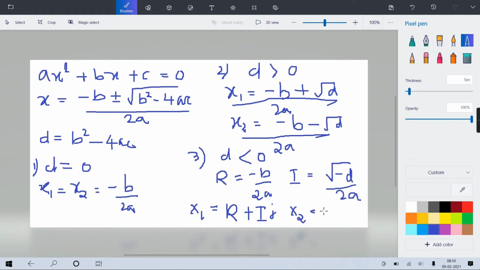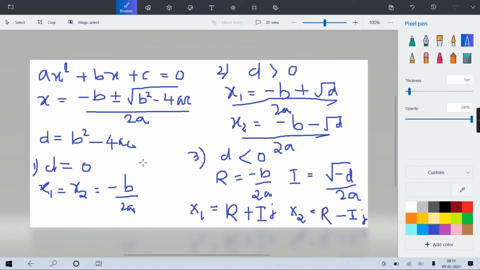Same, r minus i j. Clear? And then this x1 and x2 you have to print. In all situations, after this also print x1, x2. So hope you understood this case.